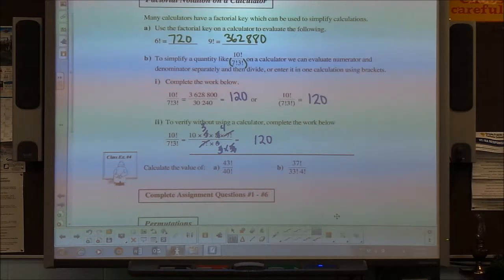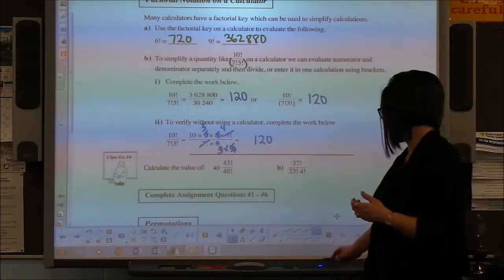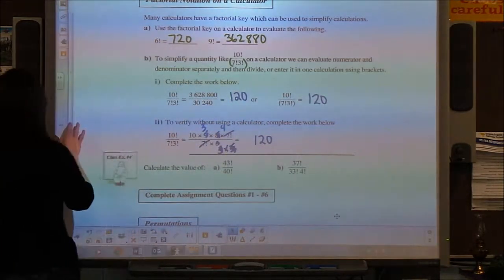Okay, so using your calculators, tell me what the value of 43 factorial divided by 40 factorial is, and for B as well. So I'll give you a minute to work on that.